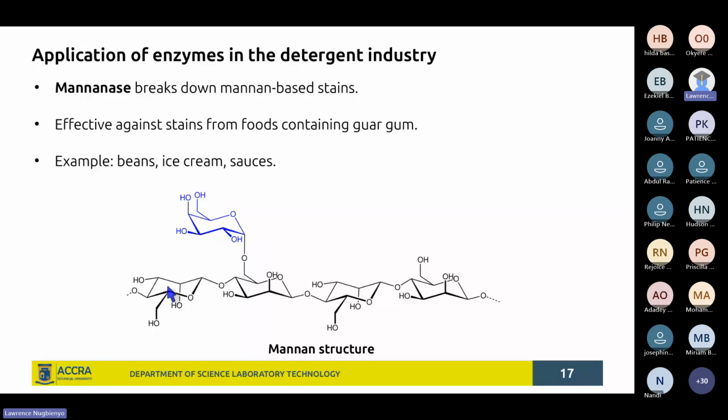It's a polysaccharide, just like you have the polysaccharides, say starch, glucose molecules that are bonded together with glycosidic bonds.